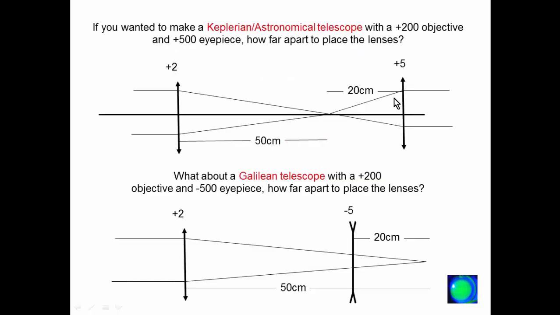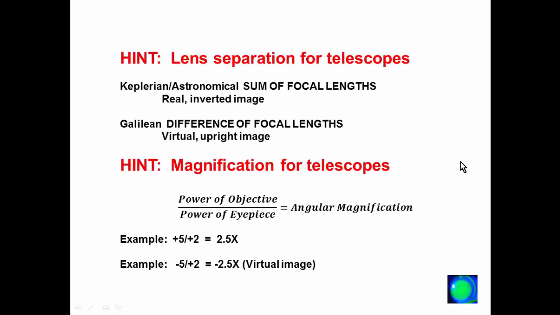Telescopes are a very important concept in volume 3. Two main types: the astronomical, where the distance between the eyepiece and the objective is the sum of the focal lengths, and in the Galilean it's the difference between the focal lengths. And the magnification for a telescope is the power of the objective divided by the power of the eyepiece.